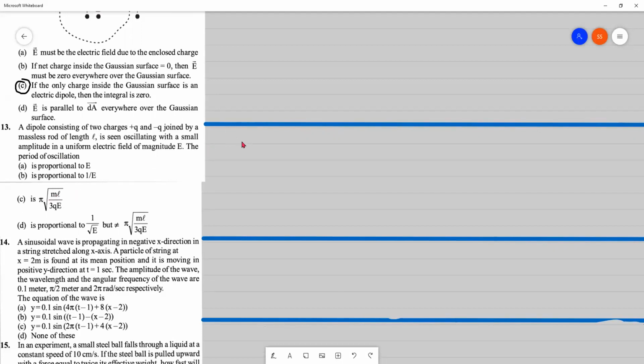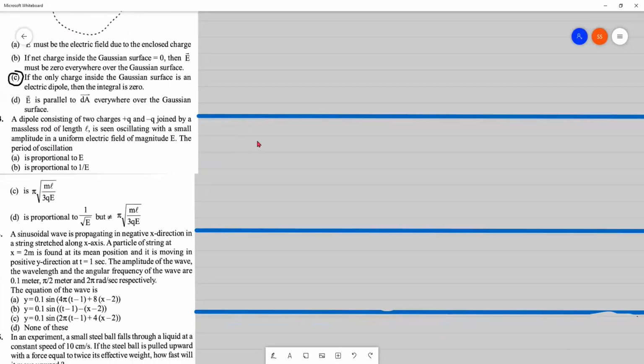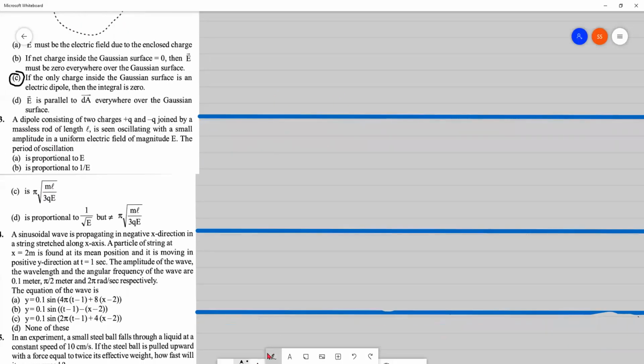Usually the dipole torque, the torque is going to be the restoring torque. So tau is equal to P sin theta, P is equal to Q into L, into E sin theta. For small angles, you can write sin theta is equal to theta. Since this is a restoring torque, I put a negative sign here.